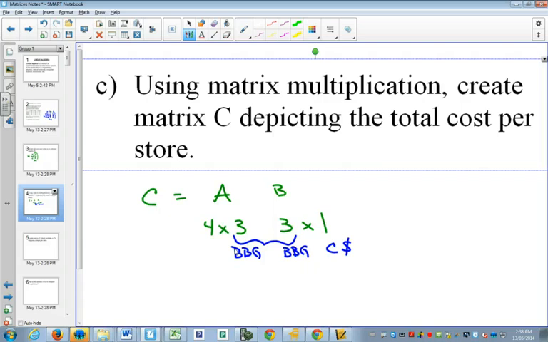What did the 4 stand for? It's the different stores, right? The 4 was P, Q, R, and S. So when we multiply A times B, we're going to get a matrix that is going to be a 4 by 1. It's going to have P, Q, R, and S here in that 4 by 1. And it's going to have our total cost there.